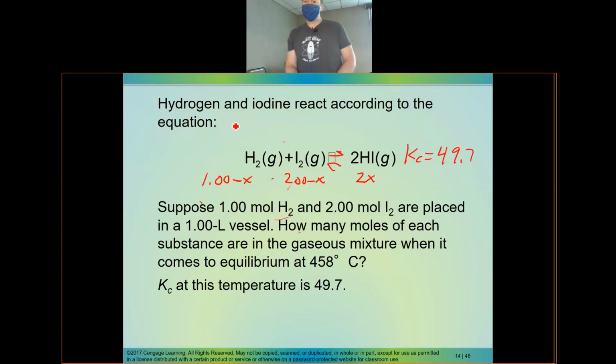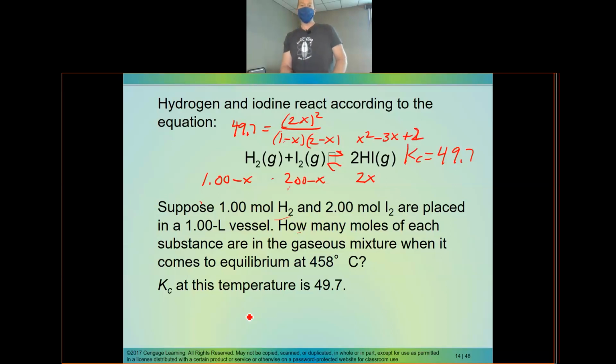So our Kc was 49.7, and that was equal to our 2x squared over the 1 minus x and the 2 minus x. And then I FOILed the bottom. When you FOIL the bottom, you get x squared minus 3x plus 2. And then I multiplied both sides by that, and I had my x squared minus 3x plus 2.